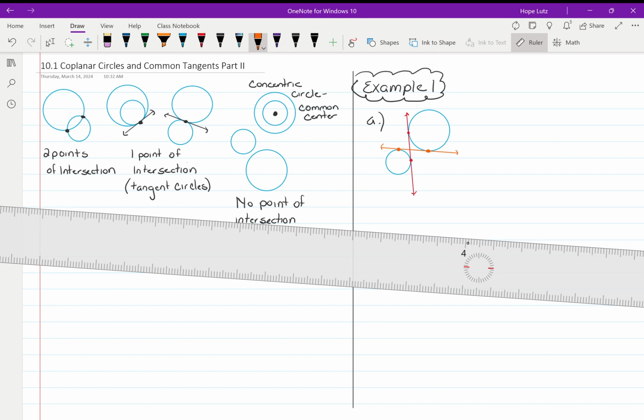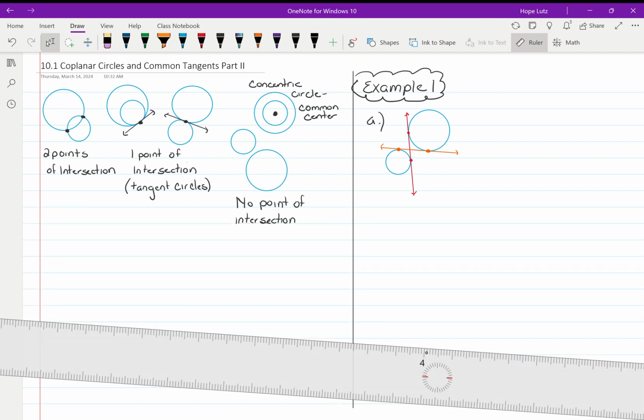So basically, when I'm looking at these, I have 2 tangents, and we're going to call those internal. So these are 2 internal tangents, and that's because they're going inside of the 2 circles. They're in the middle of the 2 circles.